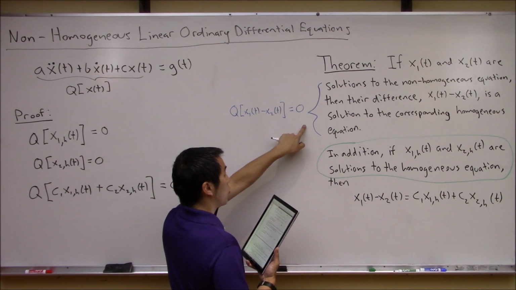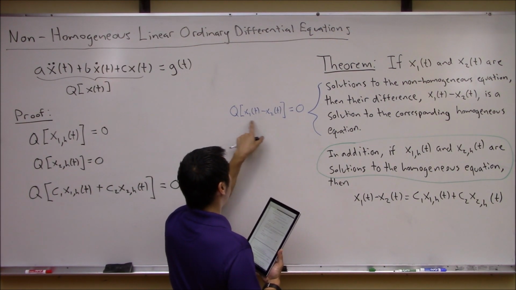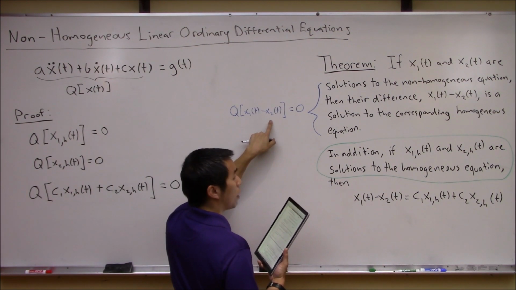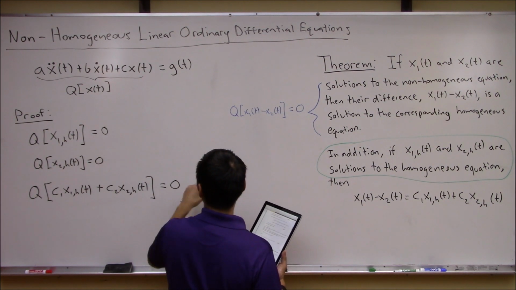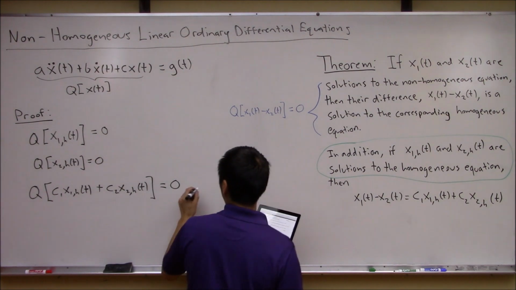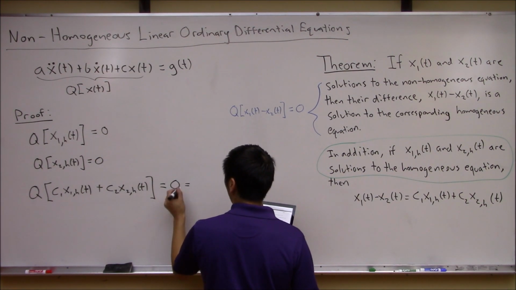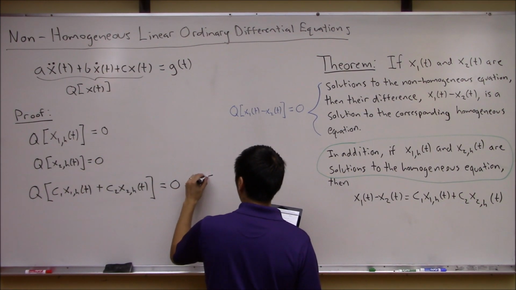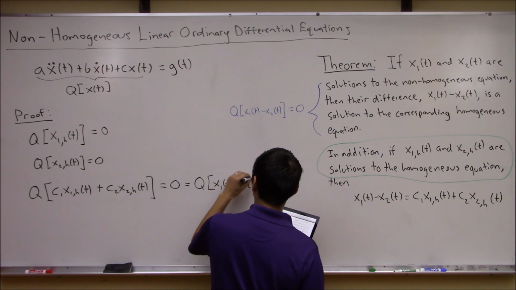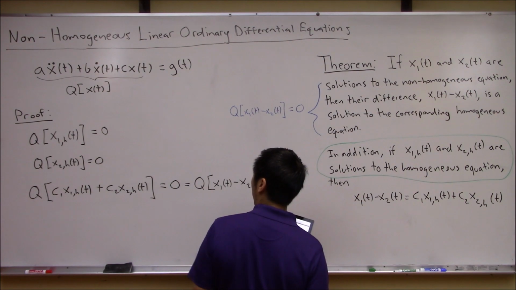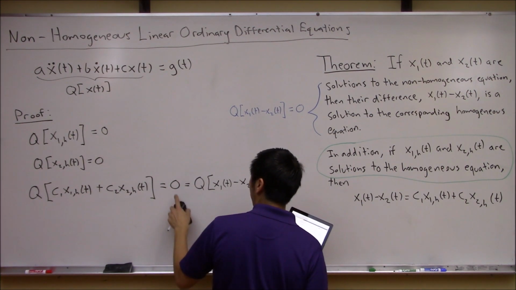And you know what we just proved here in blue? We said that the difference of solutions to the non-homogeneous equation were also 0, after you pass it through the operator. So another way to write 0 is q of x1 of t minus x2 of t. And heck, let's get rid of this 0 in the middle.